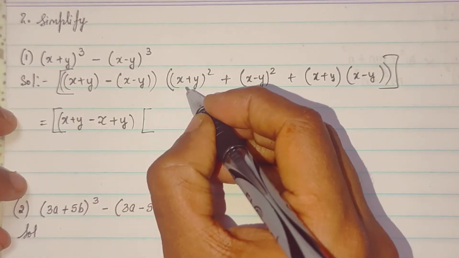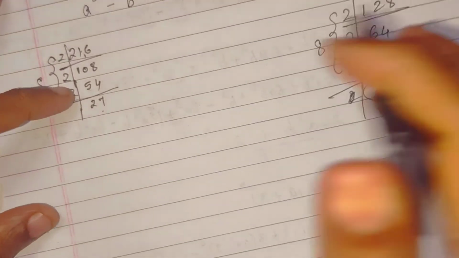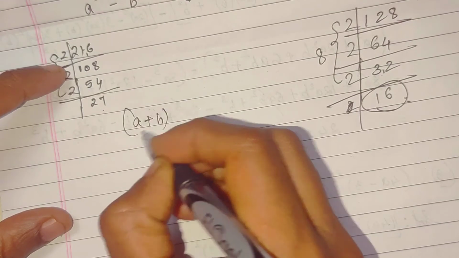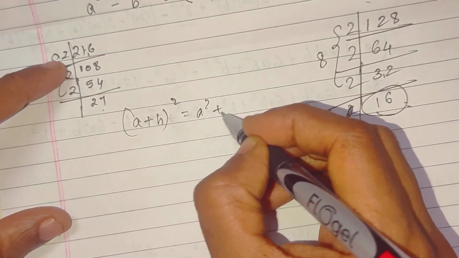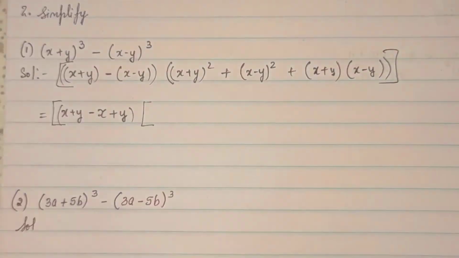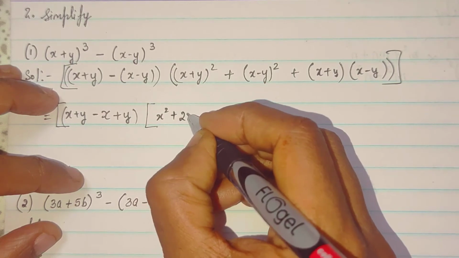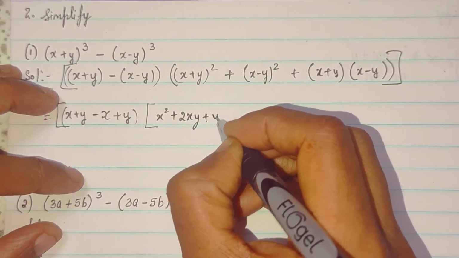So this is the formula a plus b the whole square. See, we know this formula, a plus b the whole square, a square plus 2ab plus b square. So according to this formula we will write a square plus 2ab plus b square.